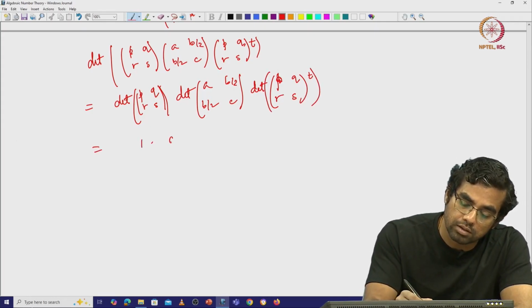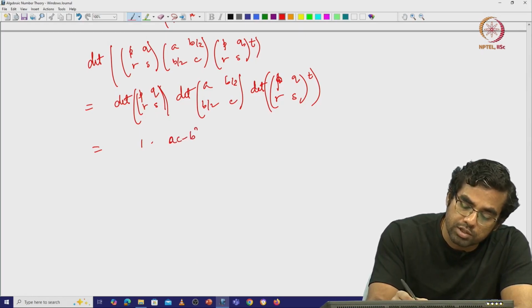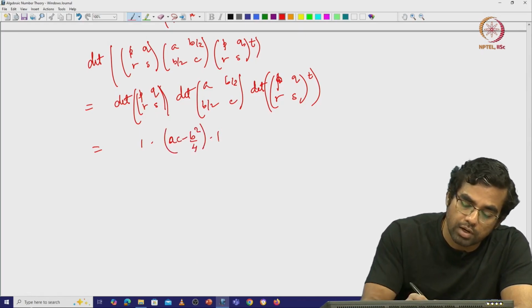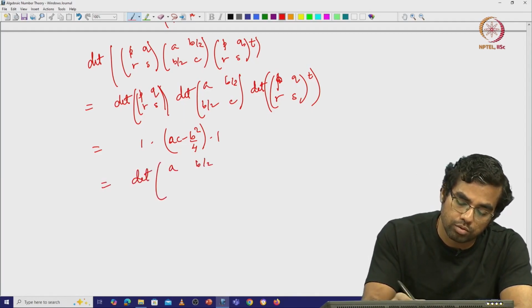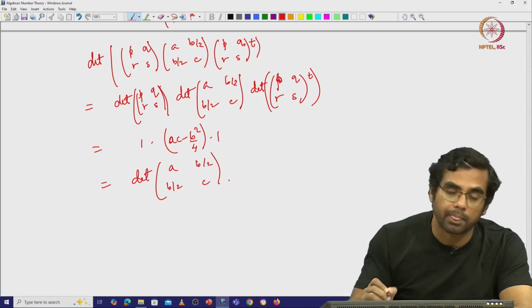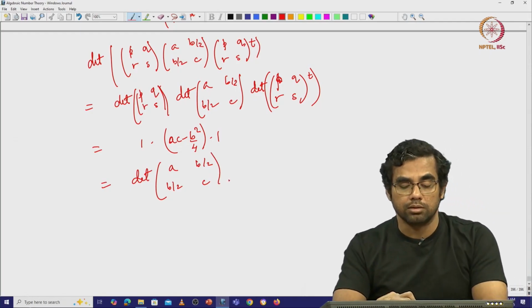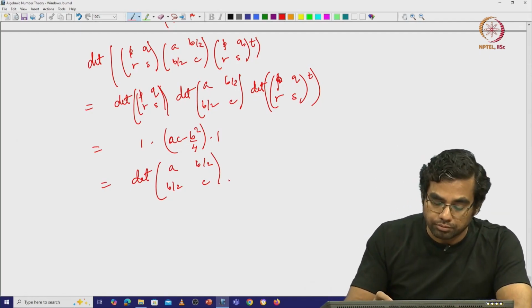So this is ac minus b square by 4 times 1, which is the determinant of [a b/2; b/2 c]. So that's one thing.